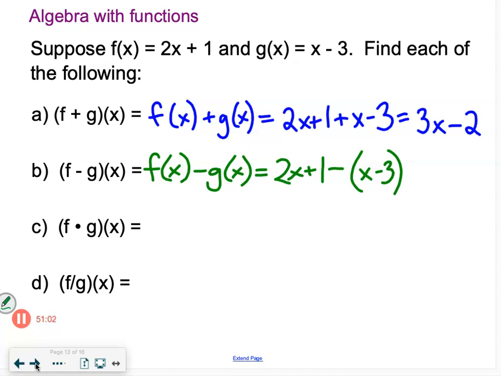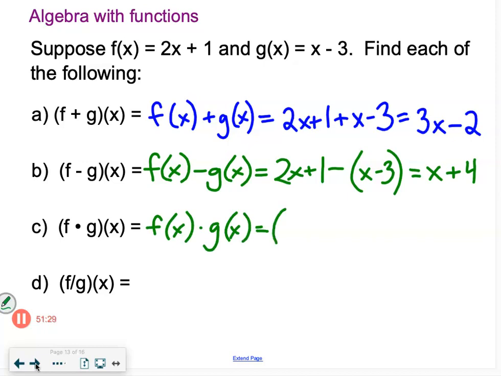So, what's 2x minus x? x. What's 1 minus negative 3? Plus 4. Very good. Is that okay? Yeah? Okay. All right. What do you think this means to do? Multiply. This is f times g.